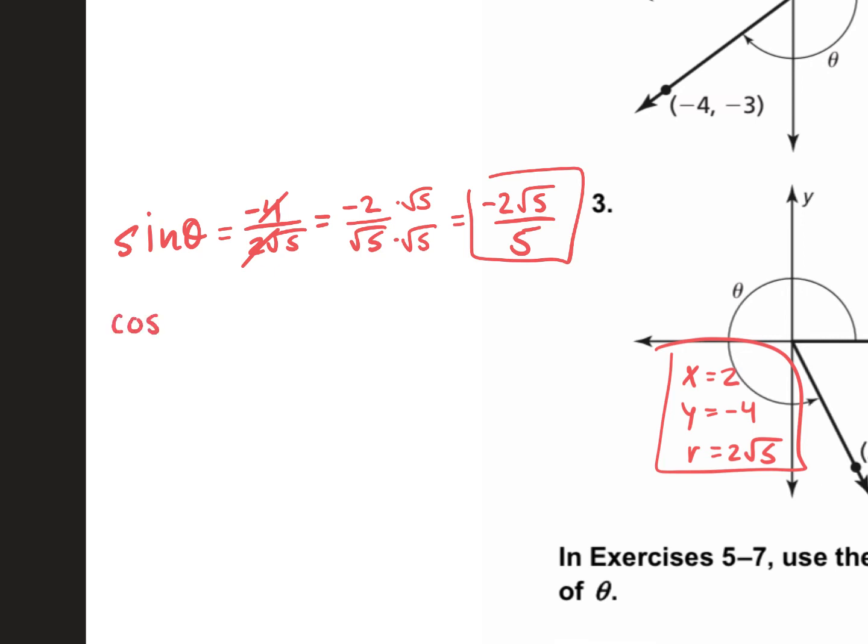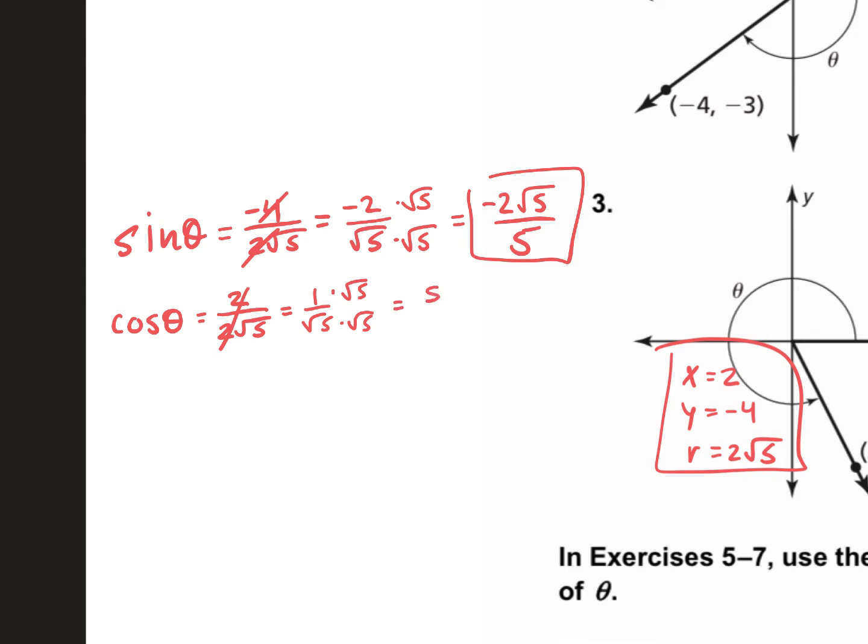Next, let's find our cosine. Cosine is what over what? X over r, so we have 2 over 2 square root 5. 2's cancel each other out. So we have 1 over square root 5. Again, we have to rationalize it.